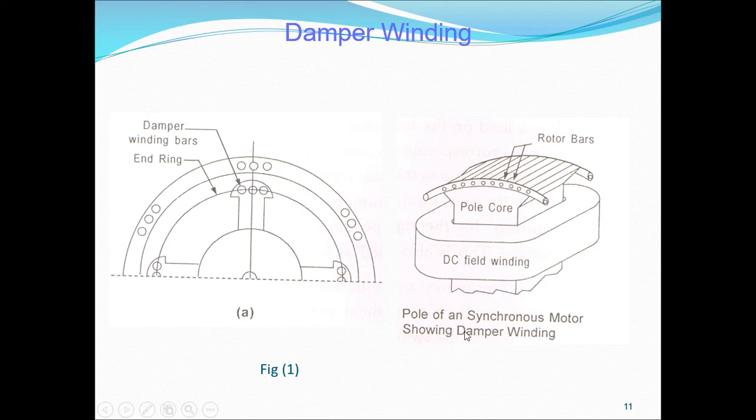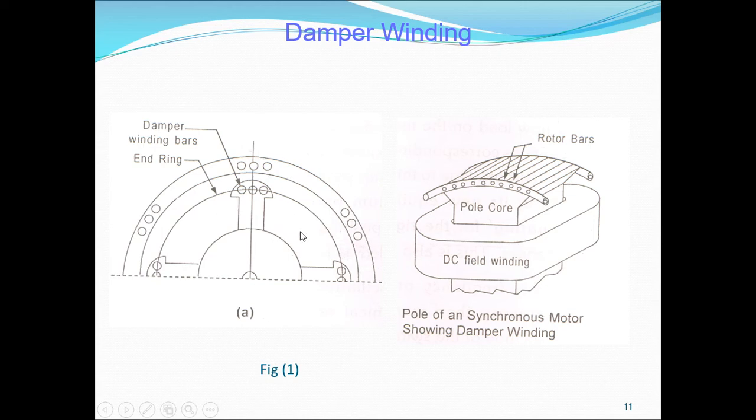So this is a pole of a synchronous motor showing damper winding. This is the damper winding, and they are short aluminum or copper bars, and they are short circuited. This is the short circuit end ring. This is a cross sectional view.